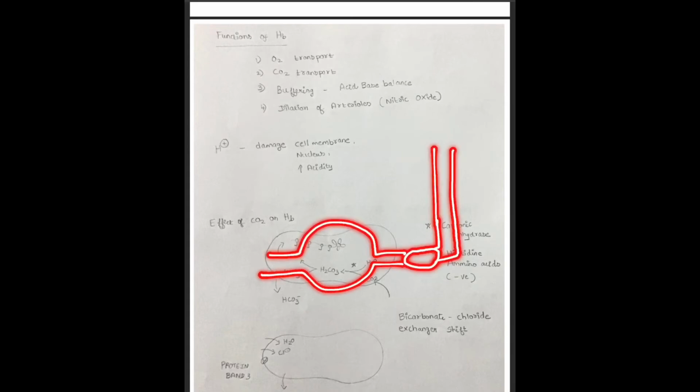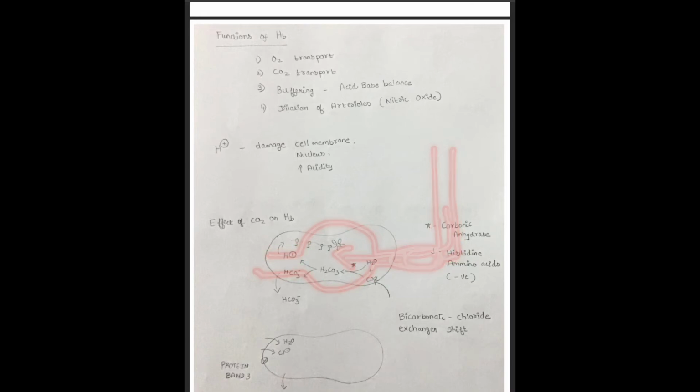So the hemoglobin with nitric oxide will dilate, that means it will expand the arteriole, they expand the space so that more oxygenated blood will enter the capillary. So these are the four functions of hemoglobin: oxygen transport, carbon dioxide transport, helps in the buffering, that is acid base balance, and dilation of arterioles.